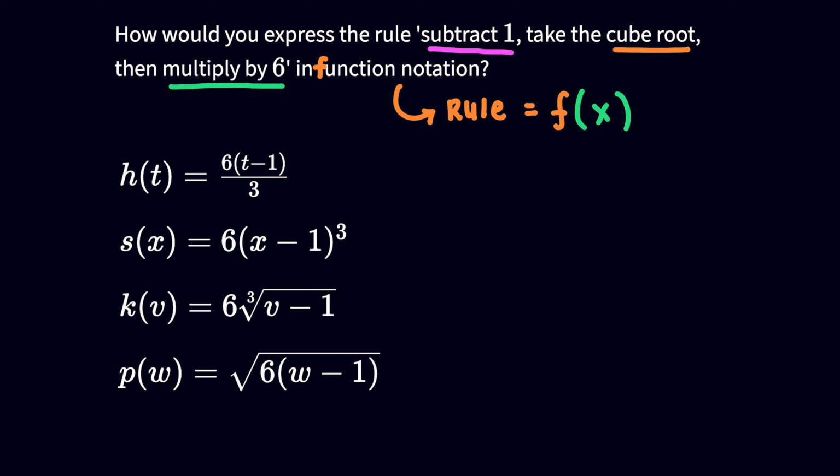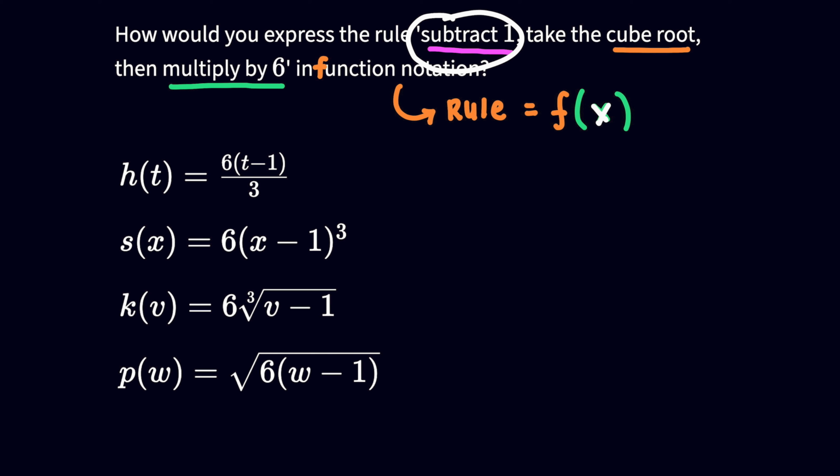But just know that there are different functions that you could use, aka different rules. You could call the rule h, or s, k, or p, and each one of these has its own different variables as well, so the variables can change. My suggestion to you is to work with the variable that you're most comfortable with. For me, it's x. And then all you got to do is just match your answer up to what is being done here. So let's start from the beginning.